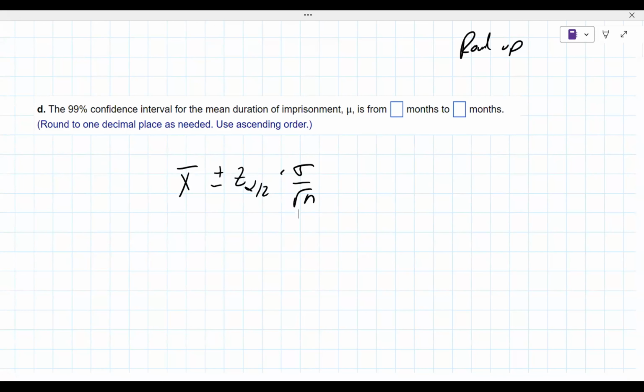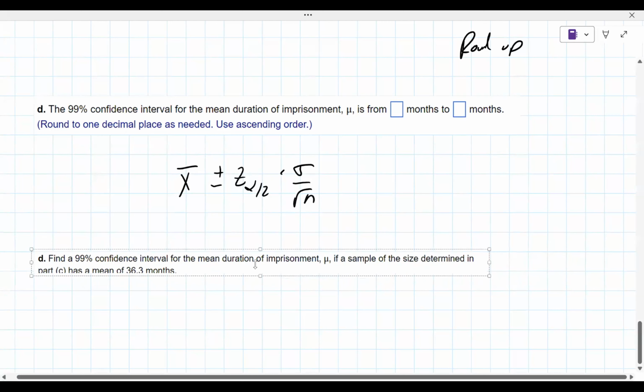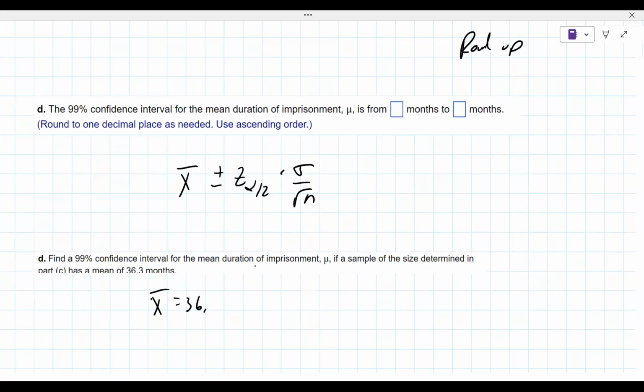Okay, sorry. Now I see what's going on. So they're giving you information in a previous part of the problem. This is kind of confusing. So you can see why this would be frustrating to students. So they're telling you X bar is 36.3, and they're telling you that the sample size is the one from part C, which is 80. And then sigma is 38. All right. So for a 99% confidence interval, that's a Z of 2.58. If you haven't figured it out by now, we're just doing the same thing over and over again.